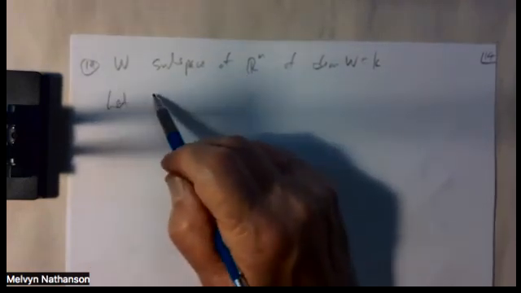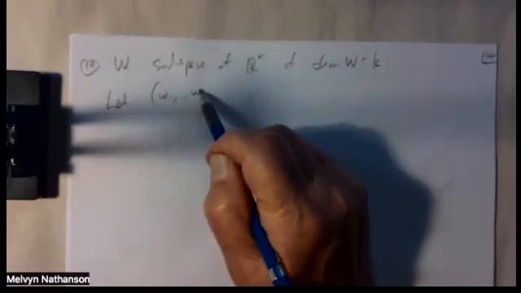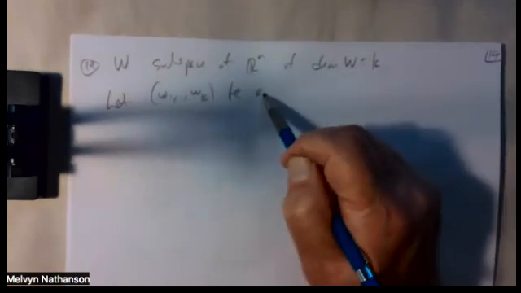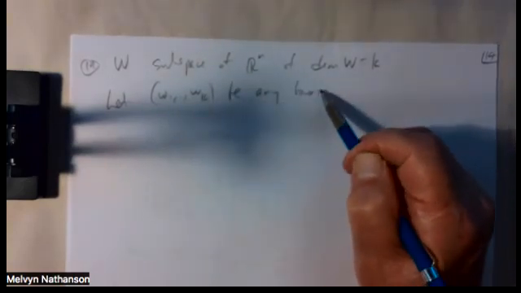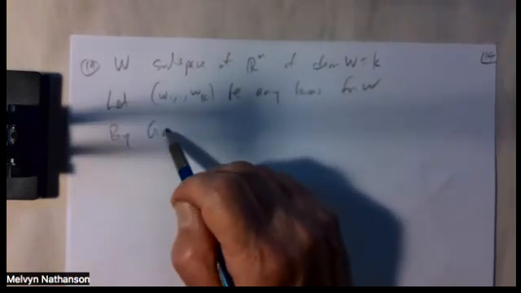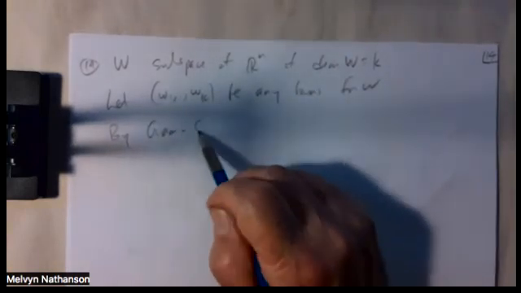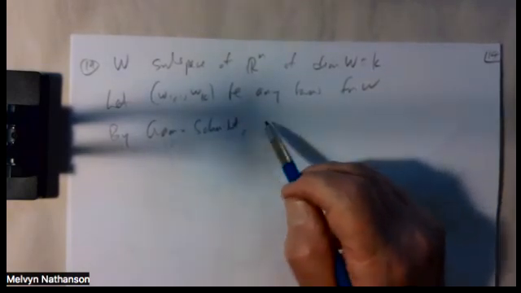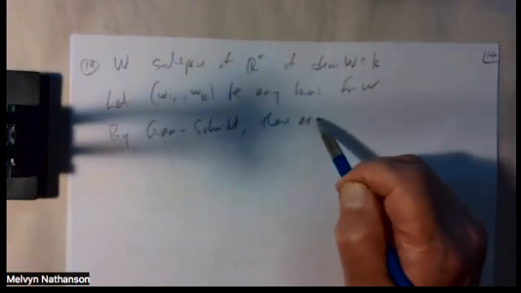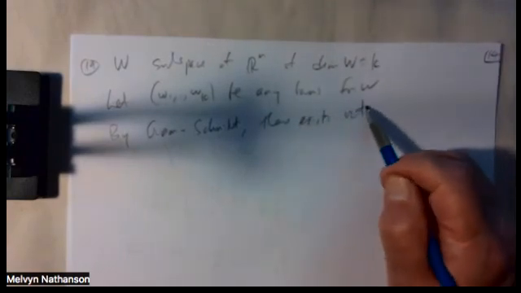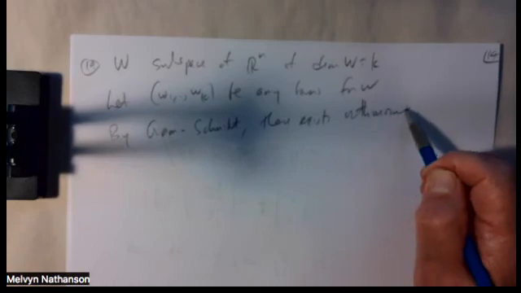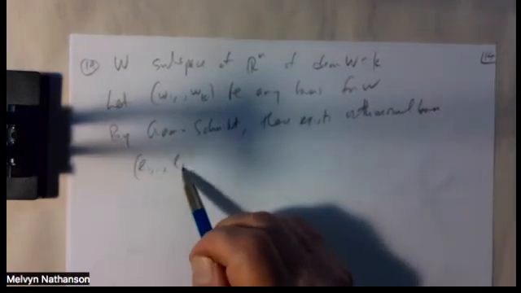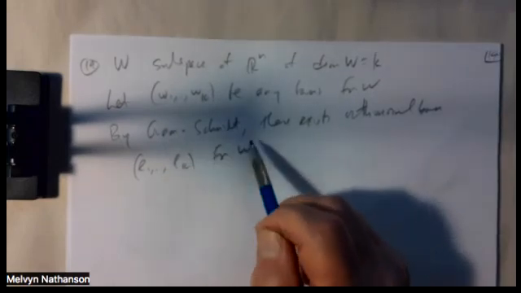If we take any basis for W and use the Gram-Schmidt orthonormalization process, there exists an orthonormal basis e1 up to ek for W.